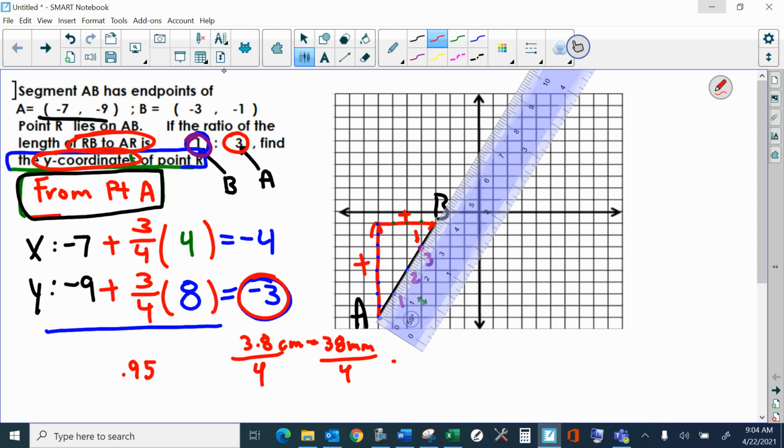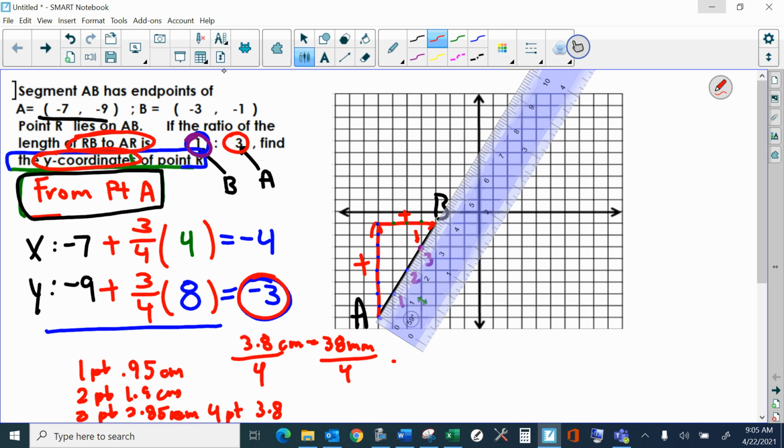So that'd be 0.95, 1 part. 2 parts would be doubling that, so 1.9. 3 parts, add another 0.95 to that, would be 2.85 centimeters. And the 4th part, add 0.95 to that, is 3.8.